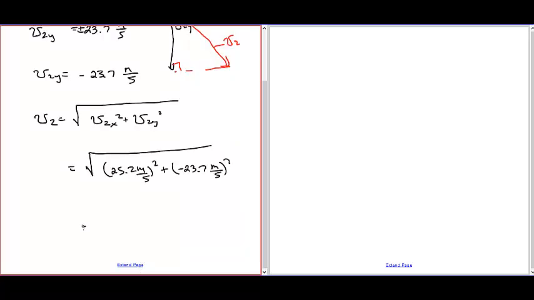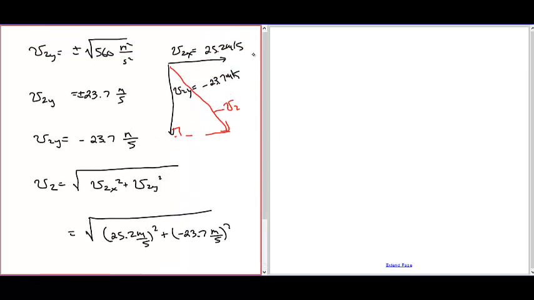And you see, because I square them, they both become positive. So you get 25.2 squared plus 23.7 squared. And then you take the square root of that, and you get v2 is 34.6 meters per second. So that's the final velocity. So that's the answer for the speed.